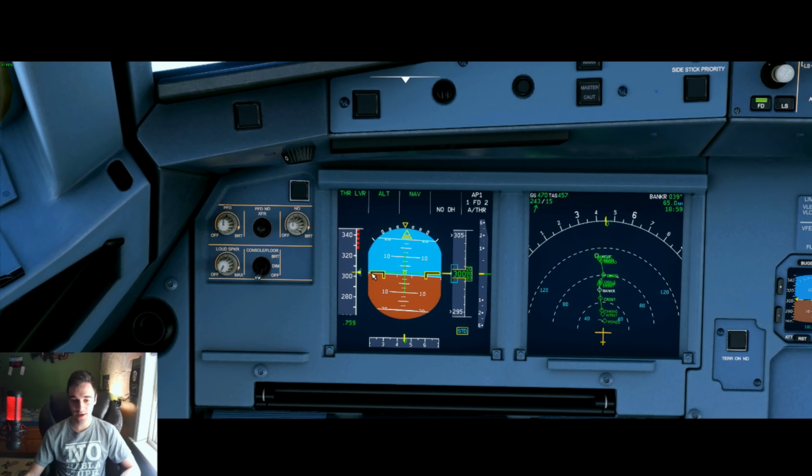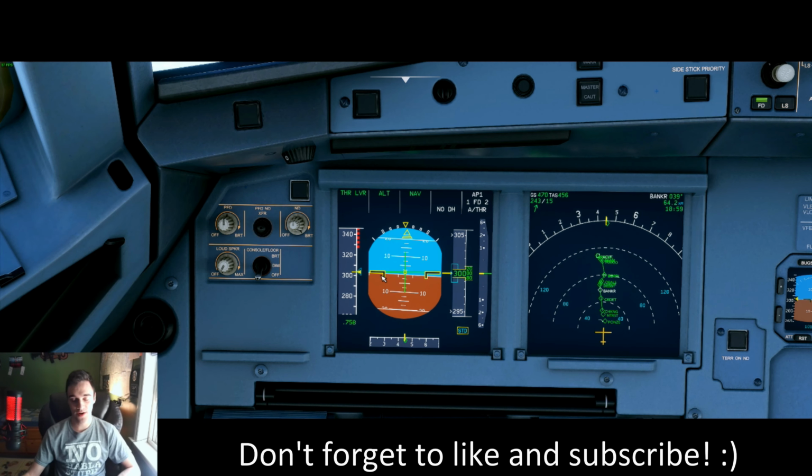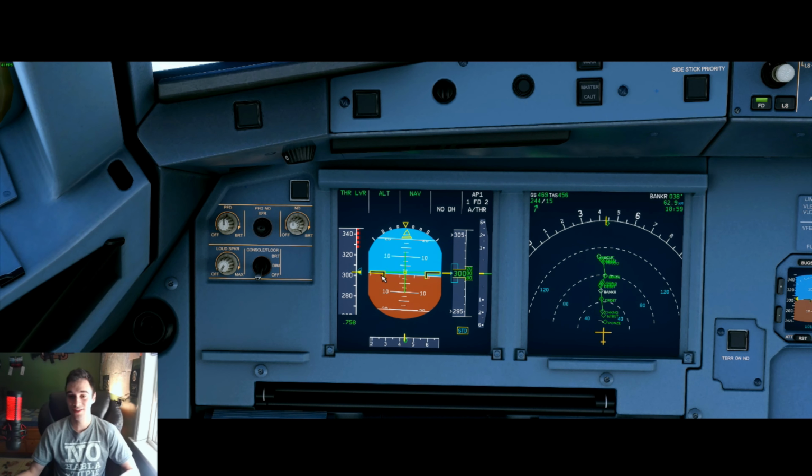And the final thing is we got to take our indicated airspeed, which is a little over 300, but to make things simple, we can just call it 300 knots. And what we want to do with this is find out how to get 300 to 200. So what is that difference? 300 to 200, pretty easy. That's 100 knots.